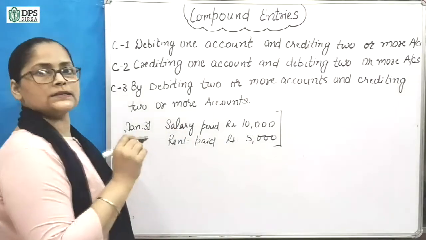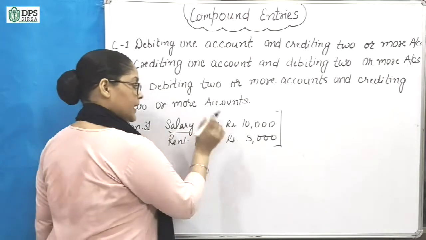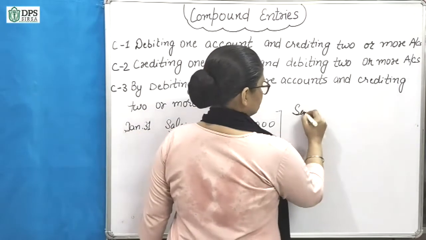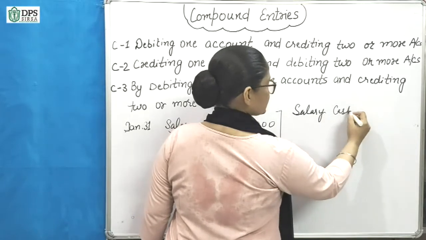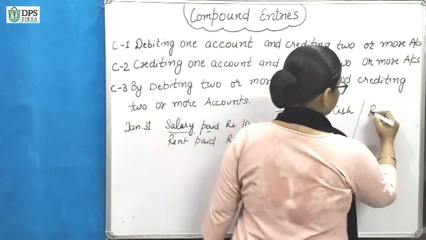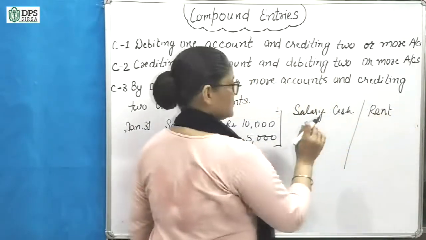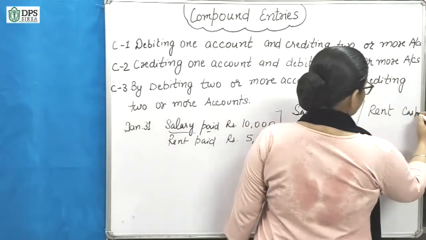So we are paying salary. If we are paying salary, one account is salary. So we are paying, that means one is salary and the other is cash. In other case, we are paying rent. Rent is our expense. Rent, first thing is rent and then second is cash.